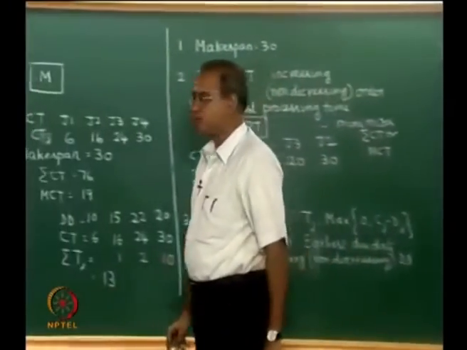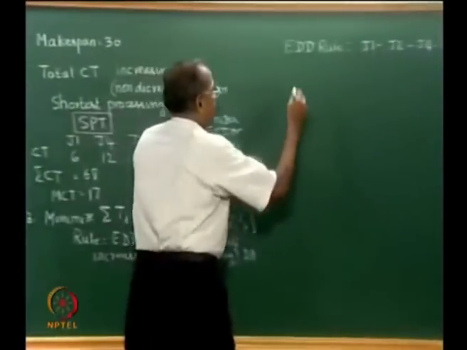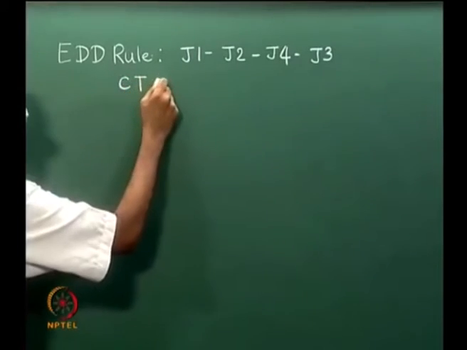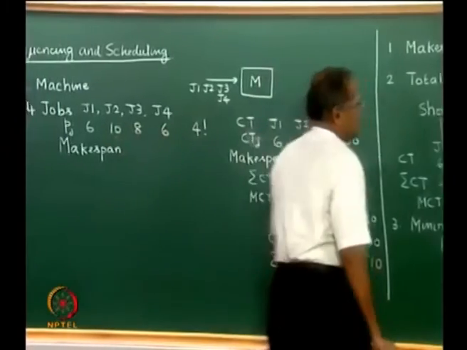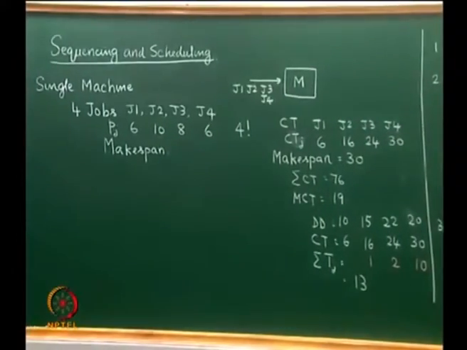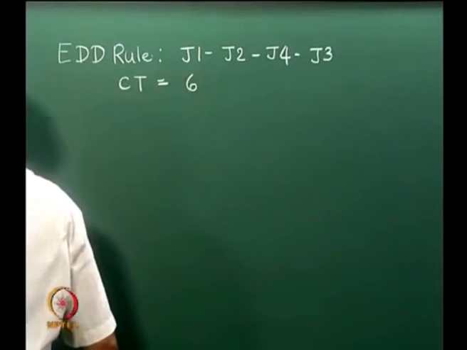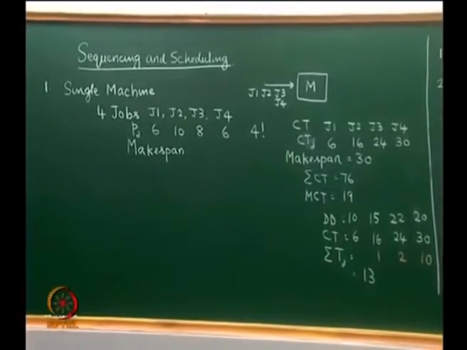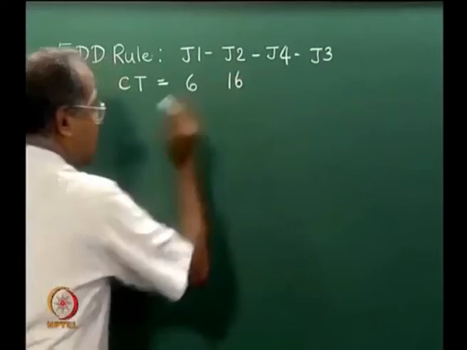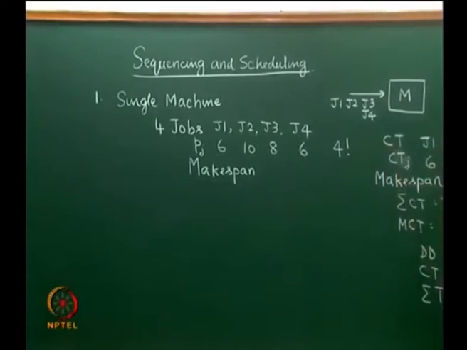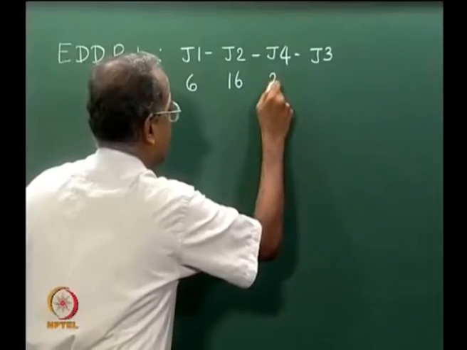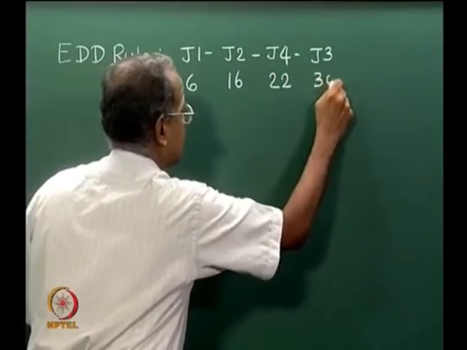Now, the moment we find this order, the completion times are: J1 starts at time equal to 0 and finishes at time equal to 6, J2 starts at time equal to 6 and finishes at time equal to 16, J4 starts at 16 and finishes at 22, and J3 finishes at 30.